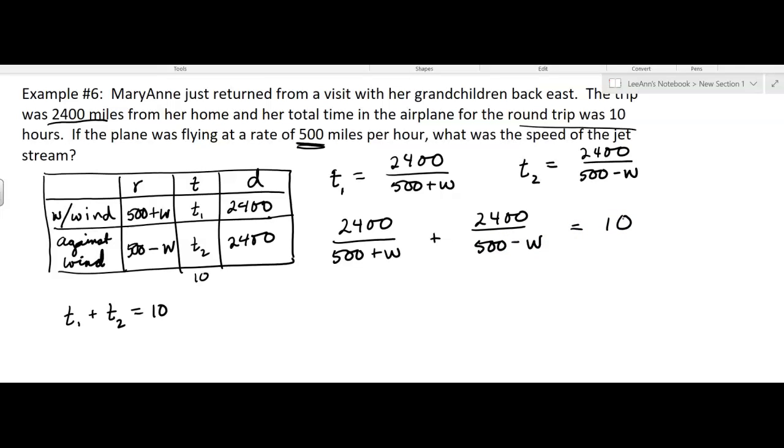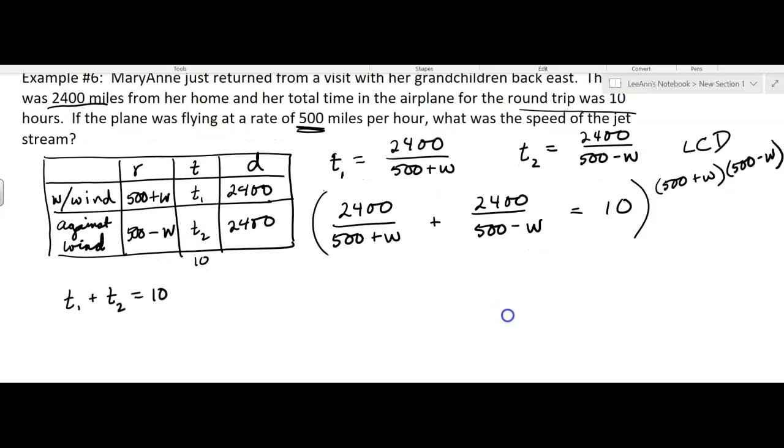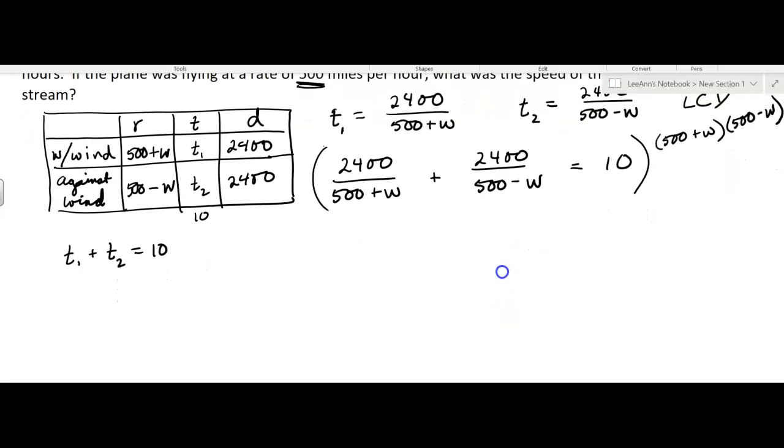Well, this is an equation with rational expressions, so I'm going to multiply by the LCD, which is going to be 500 plus W times 500 minus W. It's a little tricky to write all this out.